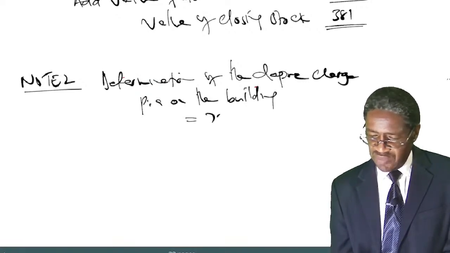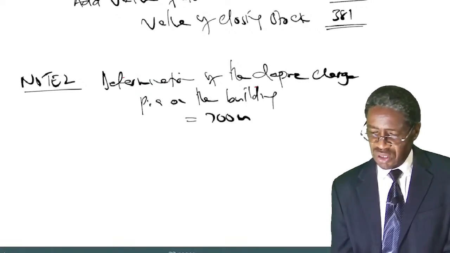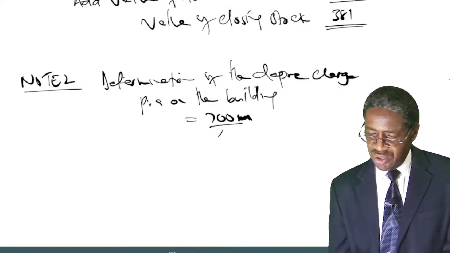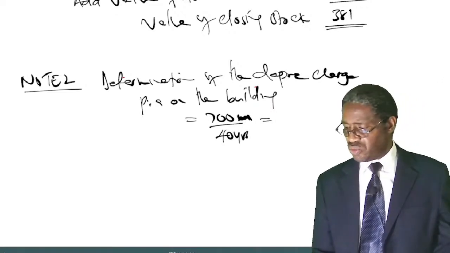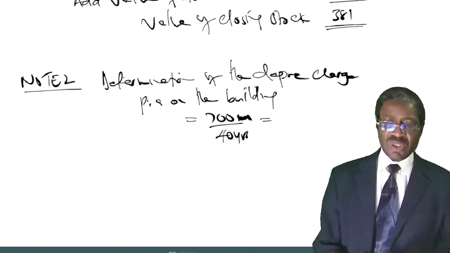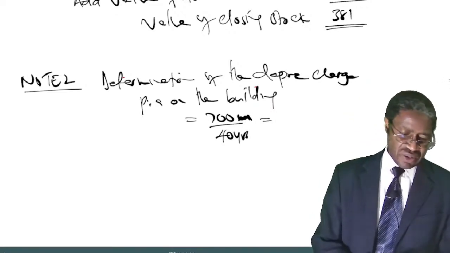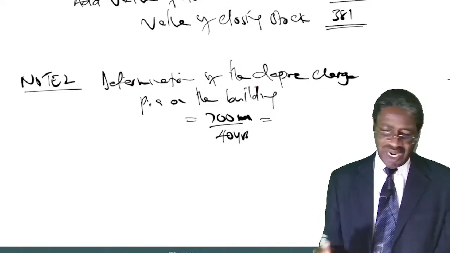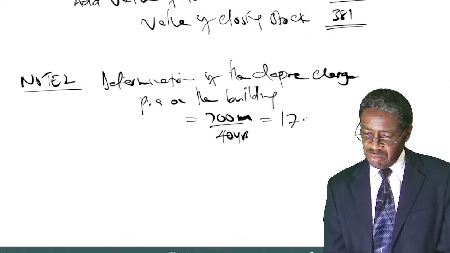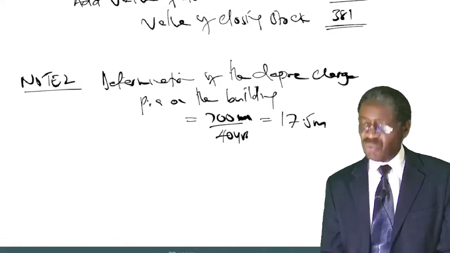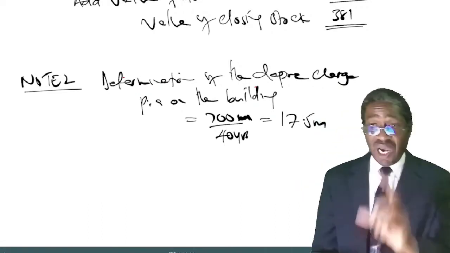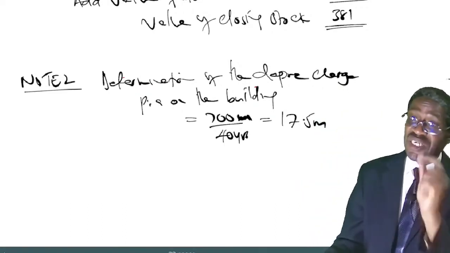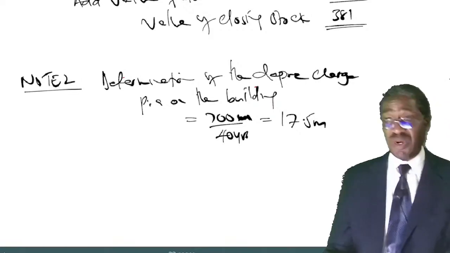So let's put it 700 million. We divide that by the useful life of 40 years. So what does it come to? I take that 700 million, I divide by the useful life of 40 years. That gives me 17.5 million. So we shall depreciate our building from now onwards by 17.5 million per annum.